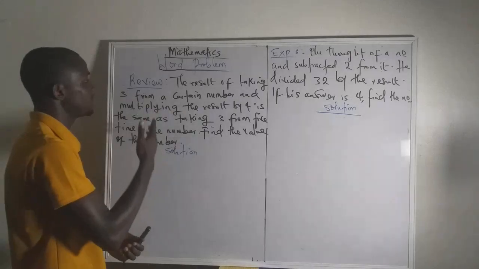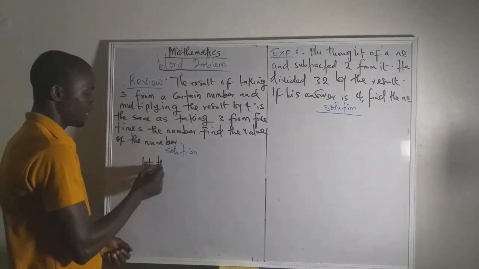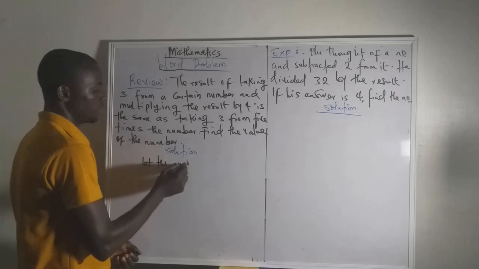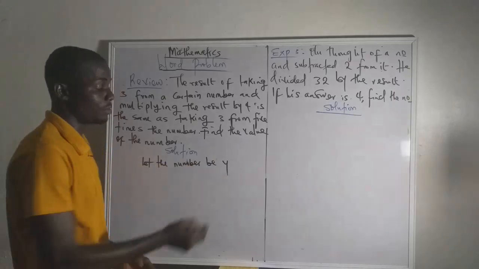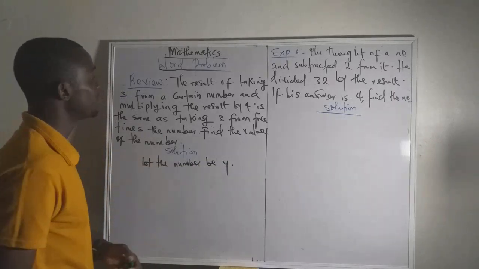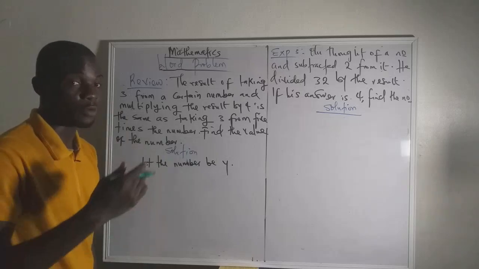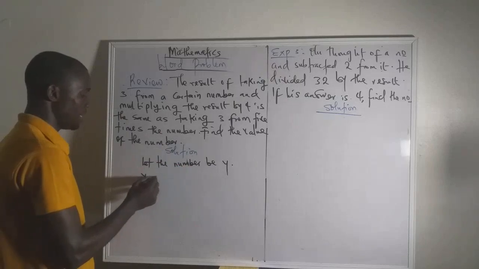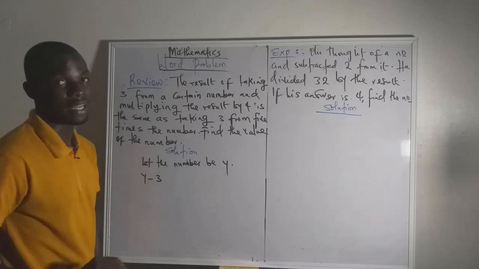The result of taking 3 from a certain number, let the number be y. Like I said, it can be anything. The first statement says the result of taking 3 from a certain number. You take away 3 from this number, that will give you y minus 3. That is what it implies.